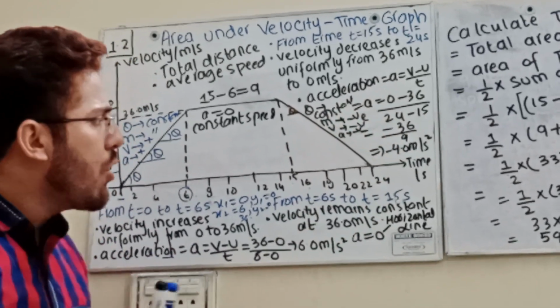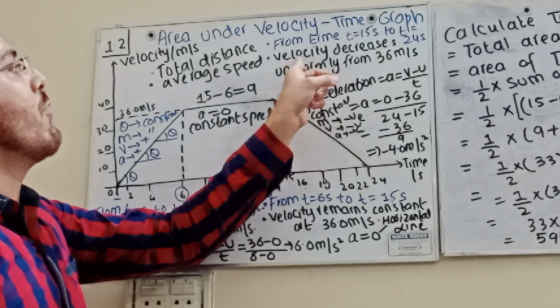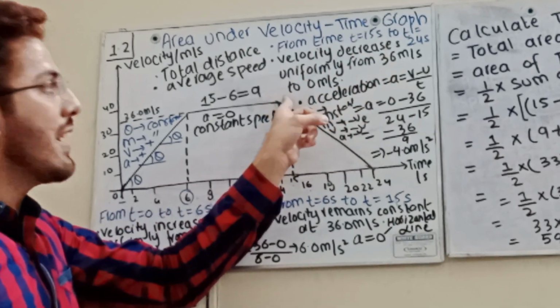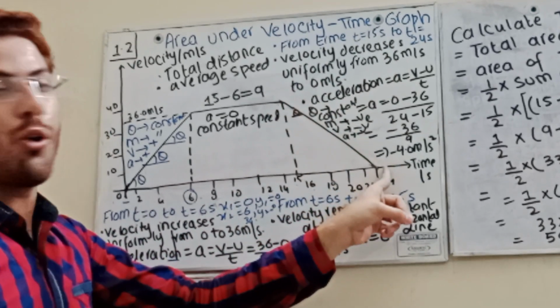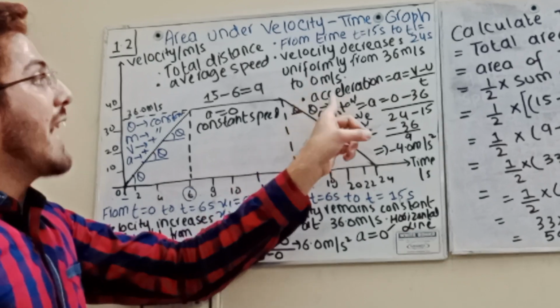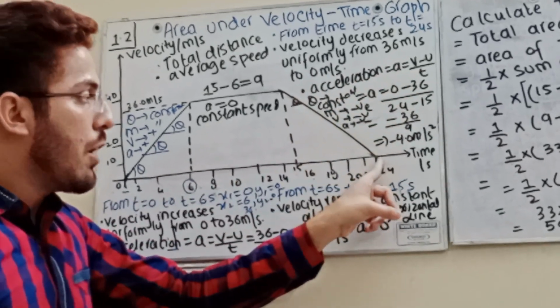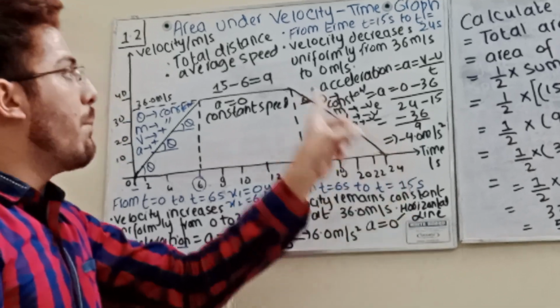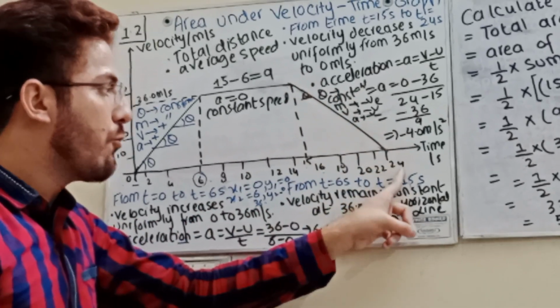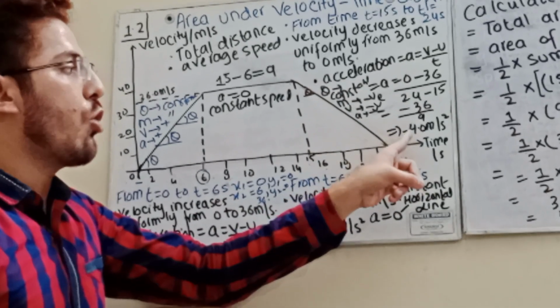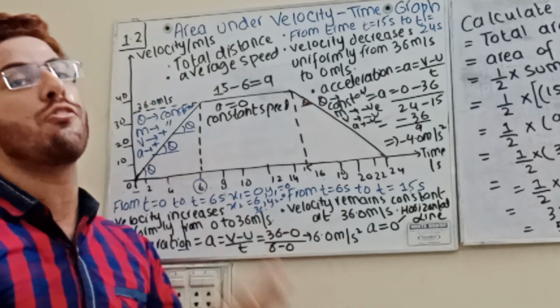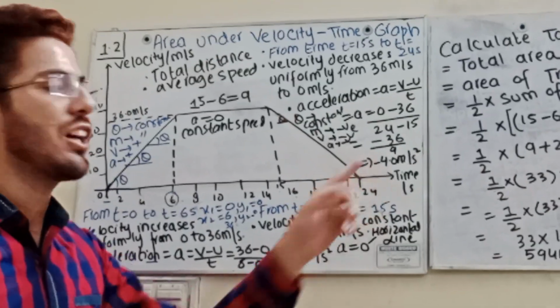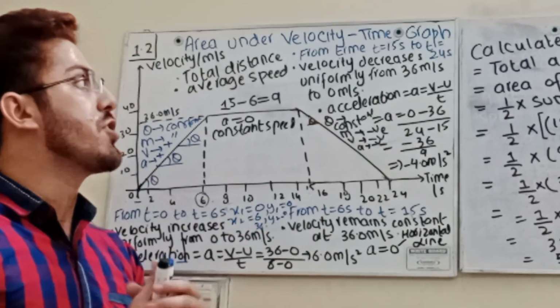Now we are going to prove, student, do remember, velocity decreases from 36 to 0 because it stops over here. Acceleration final over here 0 minus 36, do remember 0 minus 36 over 24 minus 15. You got the answer minus 4.0 meter per second square. Definitely acceleration is negative.